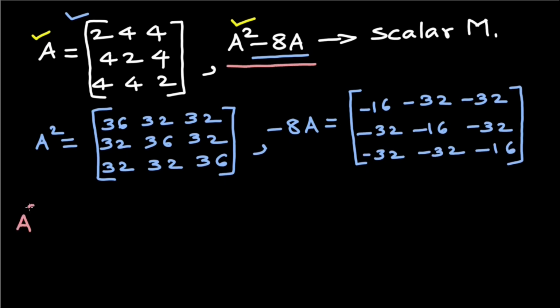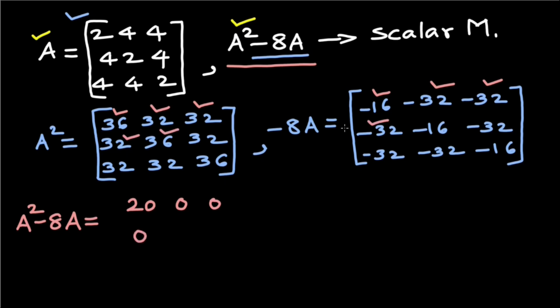So A squared minus 8A will be 36 minus 16, 20; 32 minus 32, 0; 32 minus 32, 0; 32 minus 32, 0; 36 minus 16, 20; 32 minus 32, 0; 32 minus 32, 0; 32 minus 32, 0; and finally 36 minus 16, which is 20.